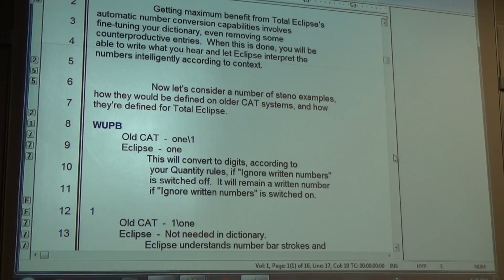You want to go into the main? There it is. Number 6. That's all of your numbers. So you want to go to the very top, and anywhere you have a number here, you probably want to get rid of it.